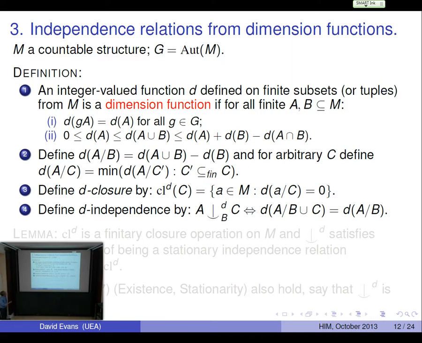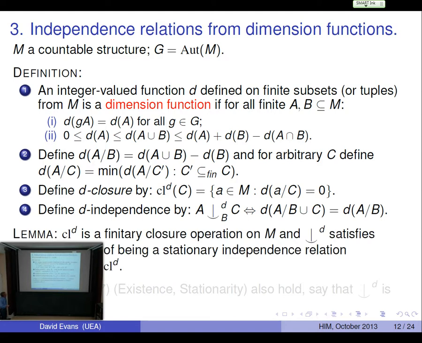Okay, so more axiomatics, I'm afraid, but perhaps more palatable ones. Now, the lemma, which is very easy to check and well known, is that this is a finitary closure operation on M, and this D-independence does at least satisfy the first 5 conditions of being a stationary independence relation.